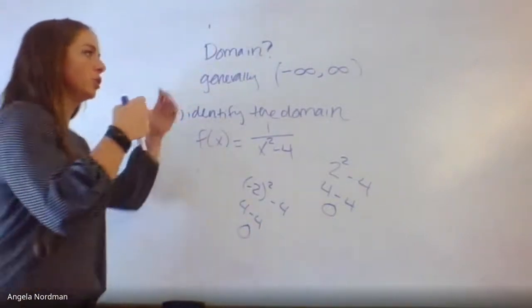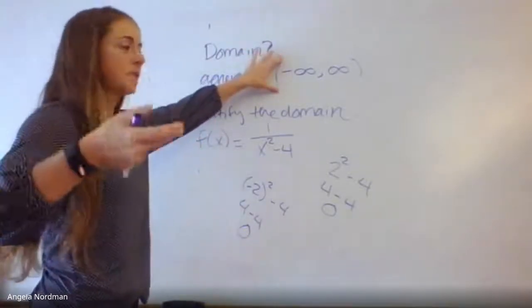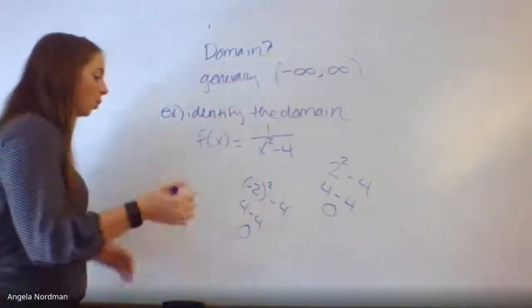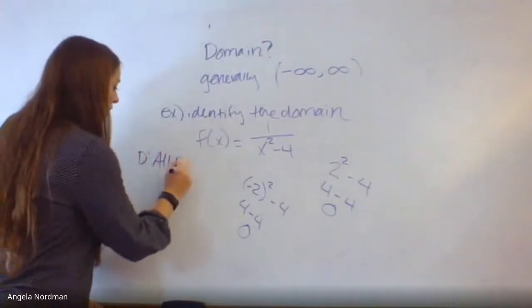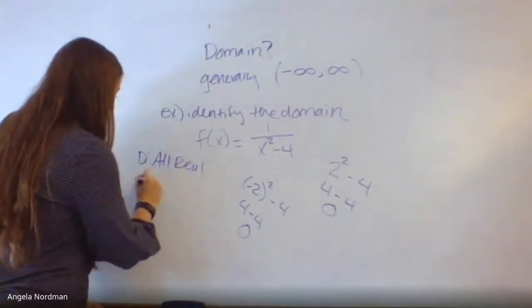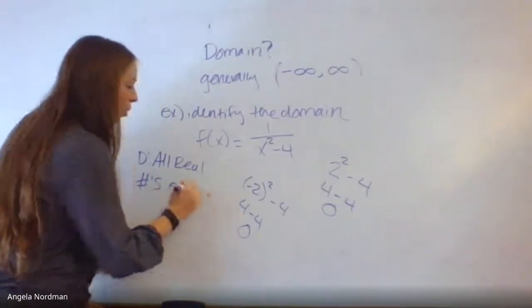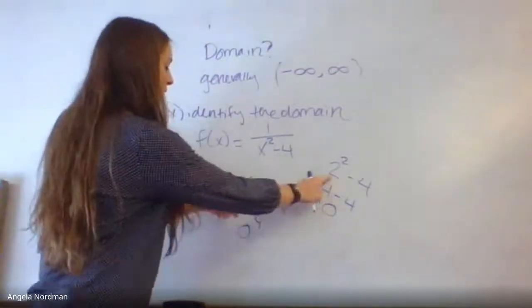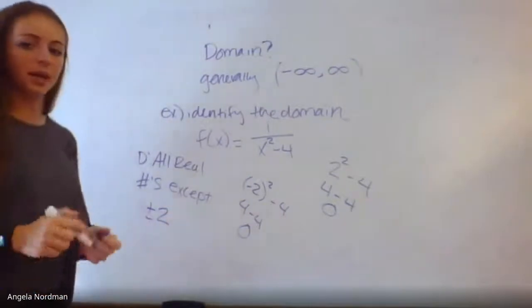So you can use the union version or the brackets, parentheses version of writing domain, or I can also say in words, the domain of this is all real numbers except, what are the two numbers I just found made my denominator equal 0? 2 and -2. So I'm going to say except positive and -2.